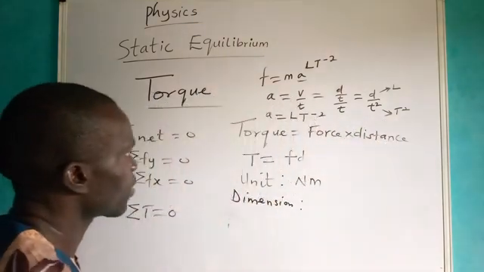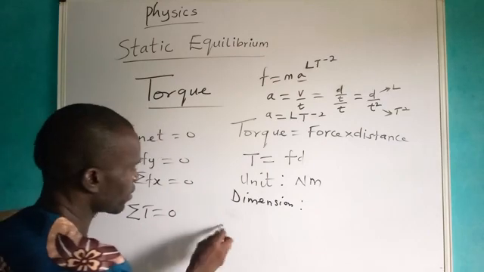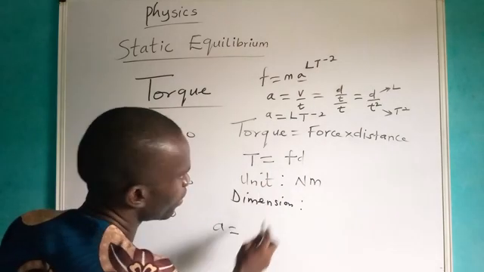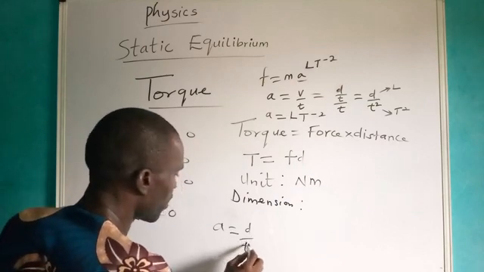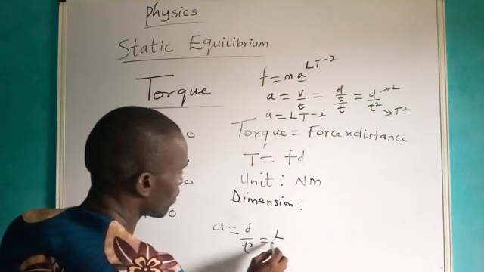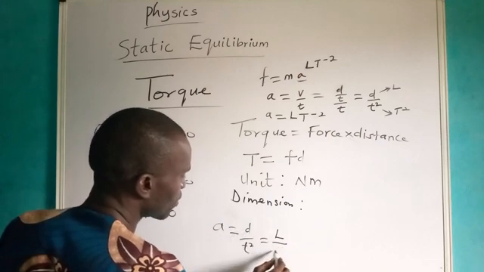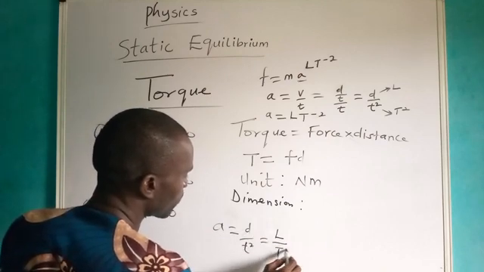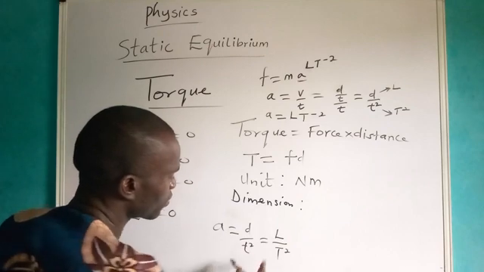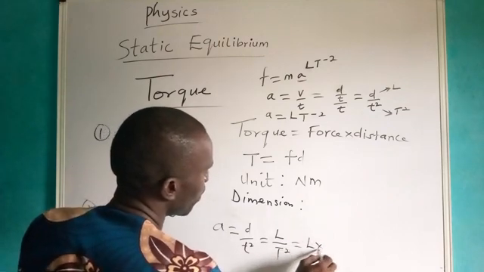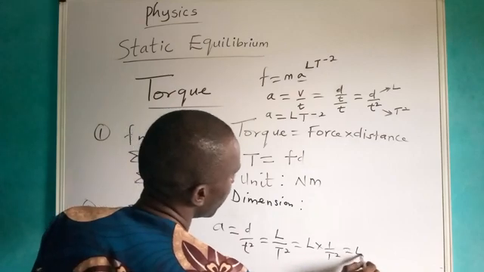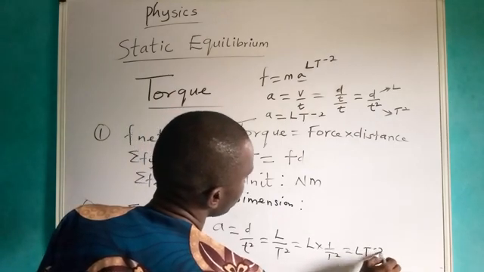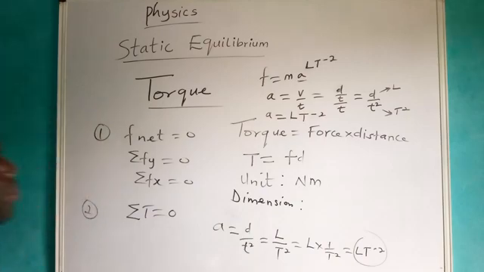For a, the dimension is L all over T squared, and I told you that L is the dimension for distance, while for time we use capital letter T. Taking the reciprocal, it becomes L T power minus 2. Therefore, this one is the dimension for acceleration.